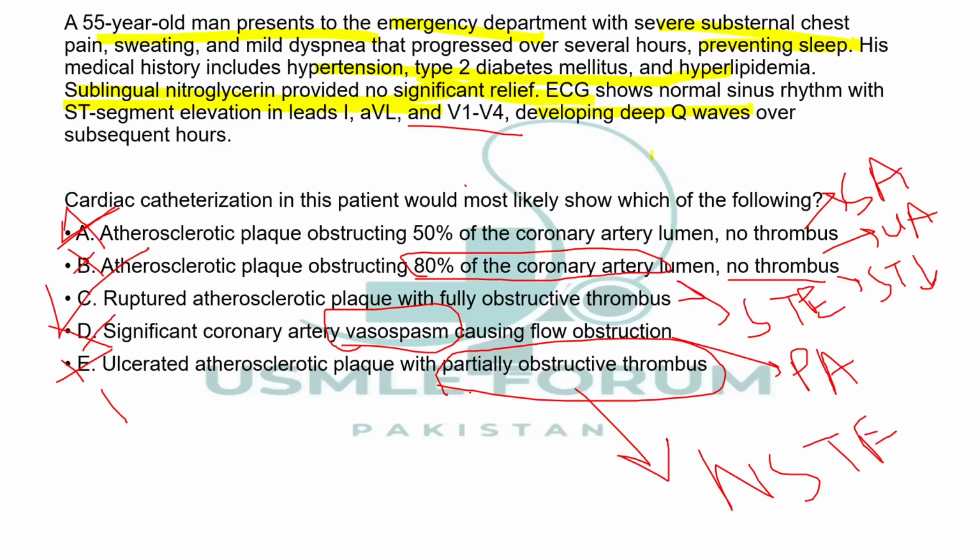So this also has ST segment depression. Now the difference between unstable angina and NSTEMI is that in NSTEMI, troponin levels will be high. In unstable angina, all the cardiac biomarkers will be normal.